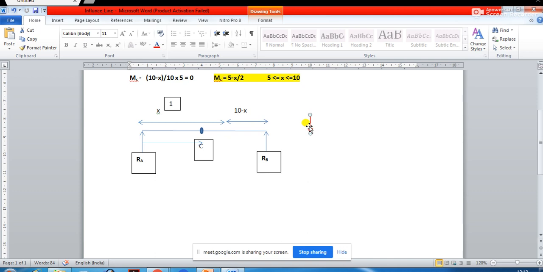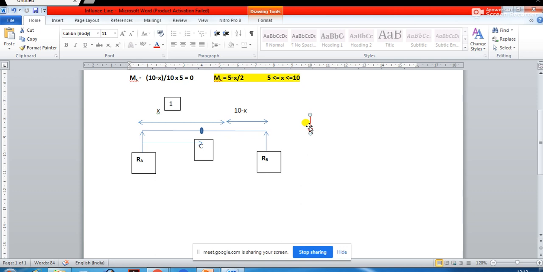So for every position of this unit load, which is a dimensionless quantity of unit magnitude, you will have to find out the bending moment at C, and if you plot that, you are going to get the influence line diagram of the bending moment for the particular position C in the beam.